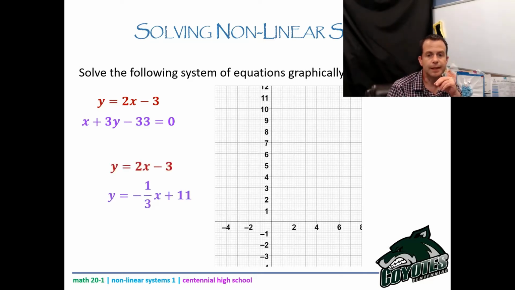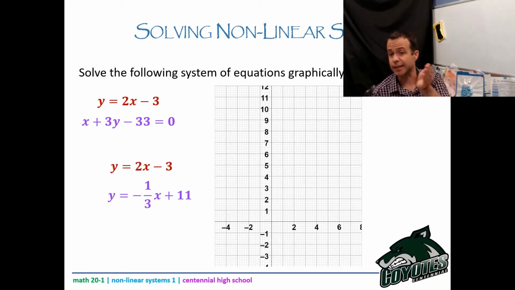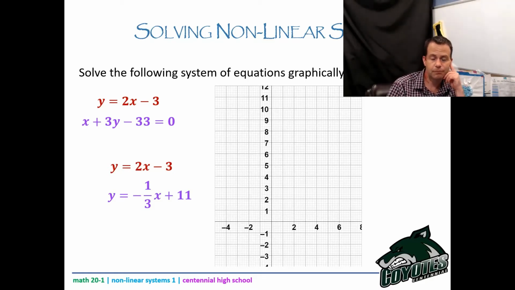The red graph hasn't changed, y equals 2x minus 3, but the purple graph can now be written as y equals negative 1/3 x plus 11. Again, I subtracted x from both sides, added 33 to both sides, and then divided everything by 3. Okay? All right, so now I'm going to go ahead and graph these.